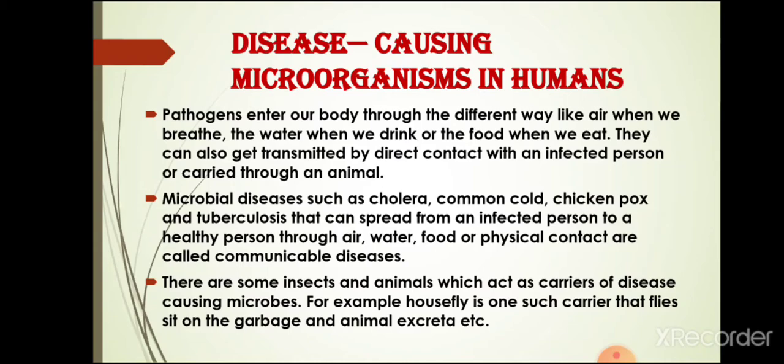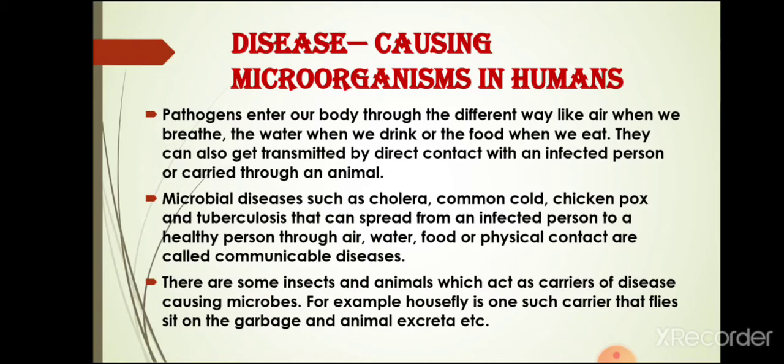The pathogens on garbage and animal excreta stick to their bodies, and when these flies sit on uncovered food, they may transfer the pathogens to that food. Whoever eats the contaminated food is likely to get sick. So it is always advised to keep food covered and avoid consuming uncovered food items.